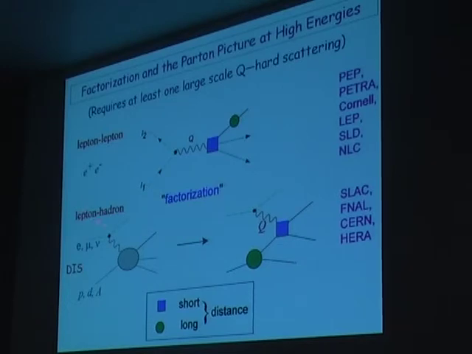Deep inelastic scattering falls into the category of lepton hadron scattering, where the parton picture looks like this. We use this all the time, and in these diagrams, the blue squares indicate short distance physics we can calculate. The green ones indicate the long distance, universal parton distributions and fragmentation functions.